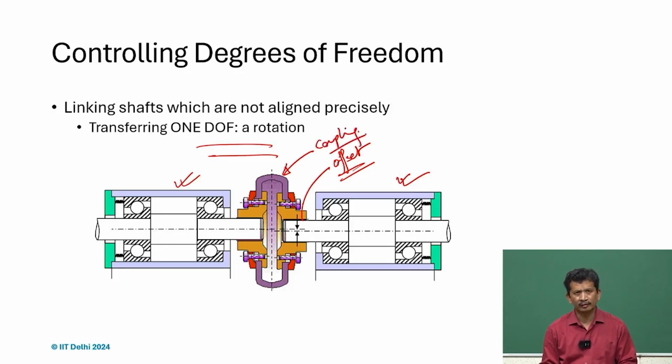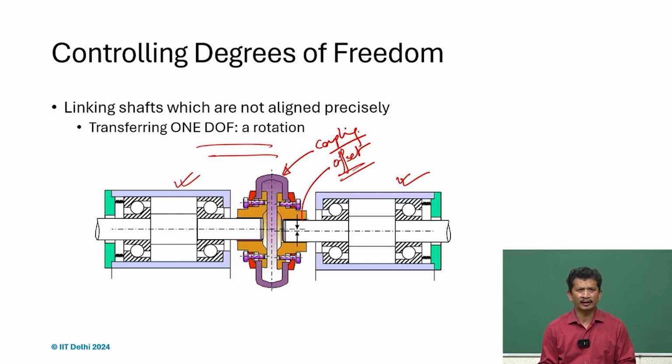And what is important to understand is the role of a coupling, and many times we make a mistake of using rigid couplings, and then we will face a lot of problems, because if it is a rigid coupling, then the two shafts have to be aligned perfectly, the offset alignment, and that has to be taken care of.